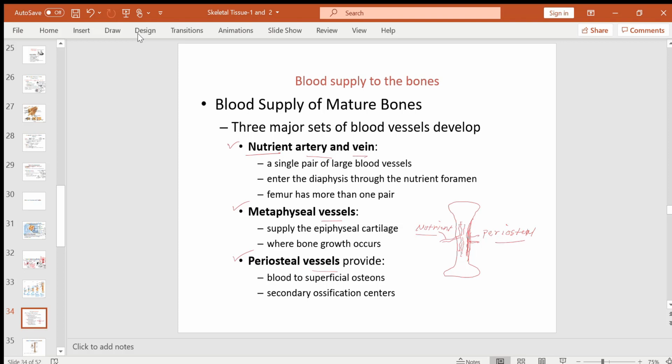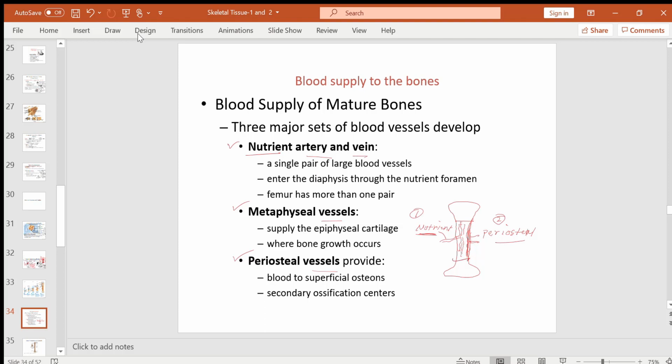Only the outer part. Most of the inner part gets blood from the nutrient vessels. So the nutrient and periosteal vessels, these two sets, supply blood to the shaft.